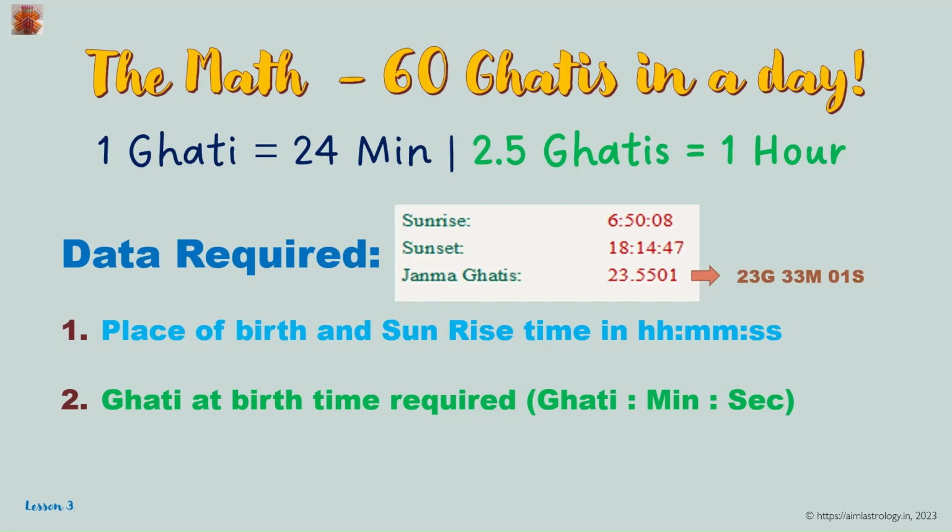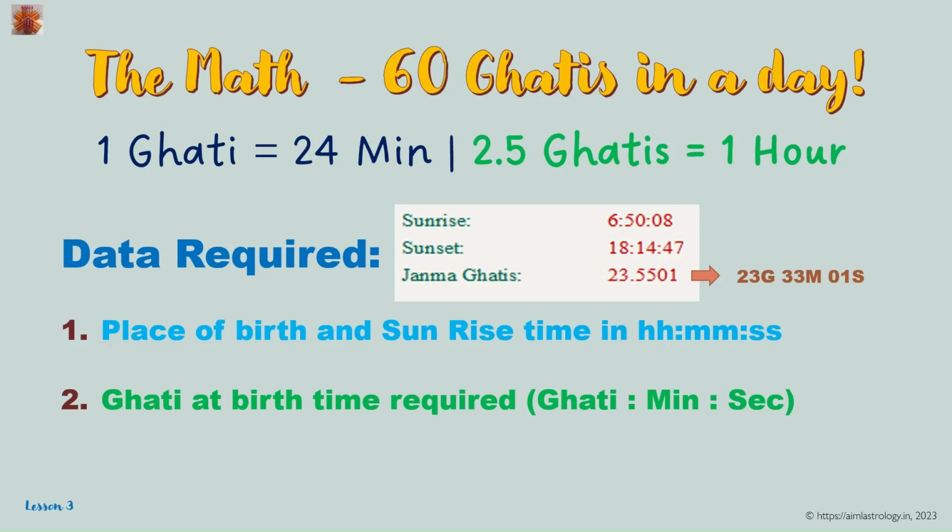As an example, I am showing here a sunrise time for Bangalore, which is morning 6 hours, 50 minutes and 8 seconds. I have also given a birth time for a person in Janma Ghatis. So this person is born at the 23rd Ghati, 33 minutes and 1 second as per the Ghati system.